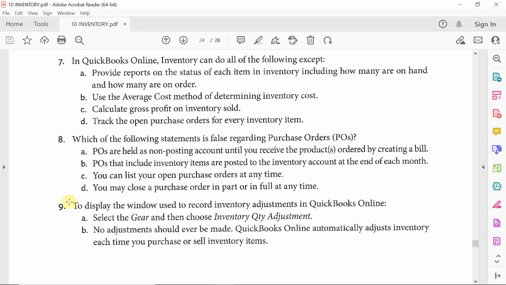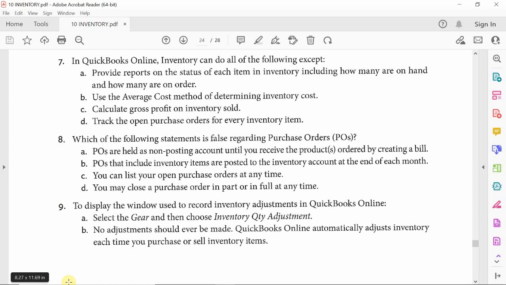Is that true? That it's a non-posting transaction? That is 100% true. B, purchase orders that include inventory items are posted to the inventory account at the end of each month. Is that true? No, right? Because purchase orders do not affect your inventory asset, they do not post at all. It's a non-posting transaction.